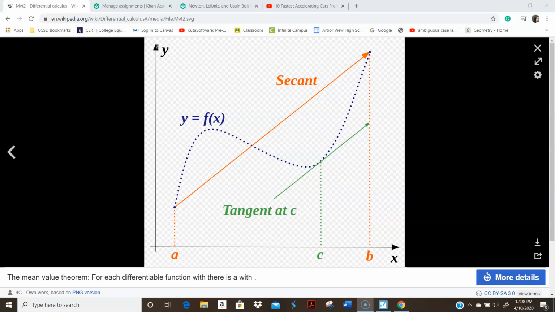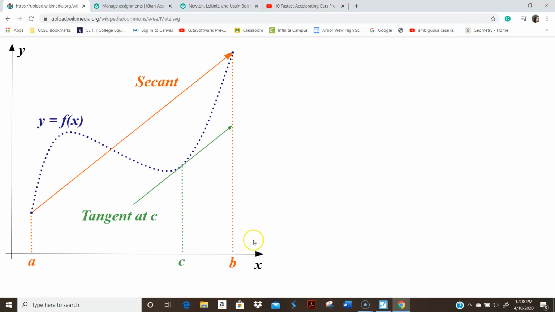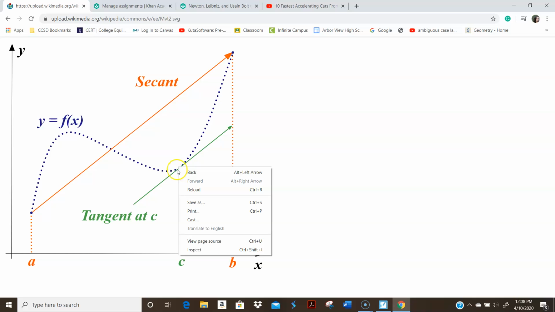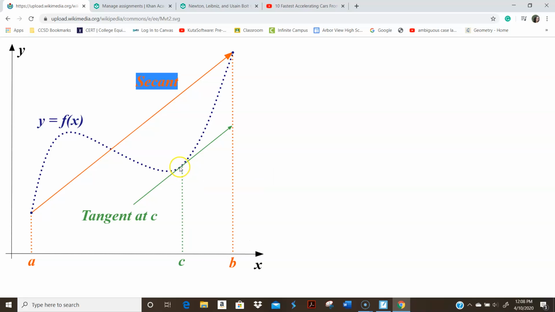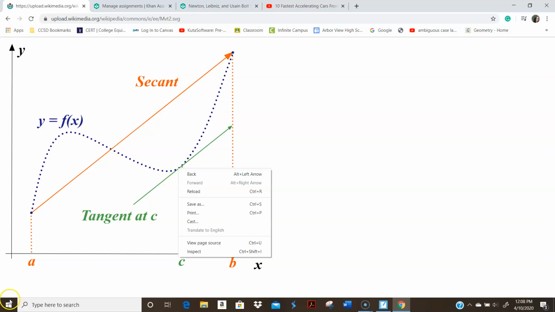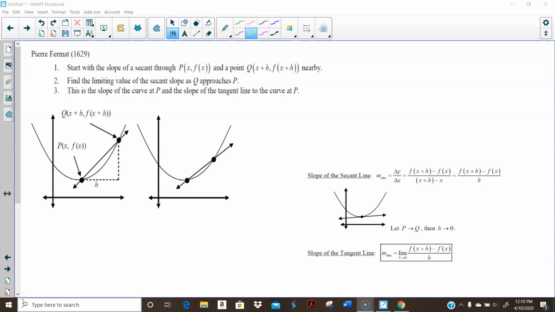I have 1 point here at A and 1 point here at B. And what I'm going to do is bring point A and point B closer and closer and closer together until the points are so close together that I end up with 1 point, which I'll consider the tangent point. Pierre Fermat is the mathematician from France who came up with this idea of differentiation.